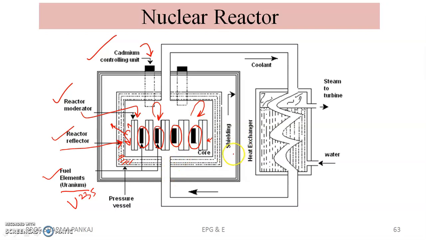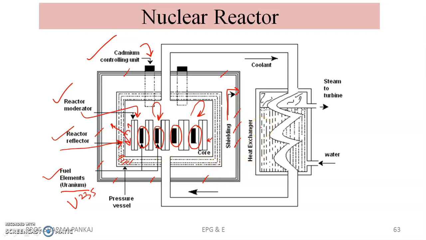This is the outer shielding, or simply called shielding. The whole system is protected by it, and those who are outside this reactor, obviously human beings and all living creatures, are protected from the ill effects of the radioactive phenomena occurring inside this nuclear reactor.